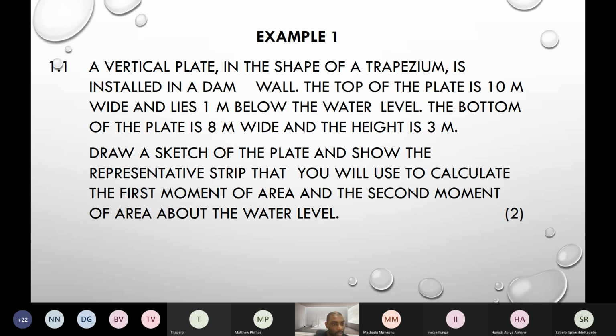The top of the plate is 10 meters wide. So just write top is 10 meters wide. You don't have to write everything. You just say top is 10 meters wide and it lies 1 meter below water level.